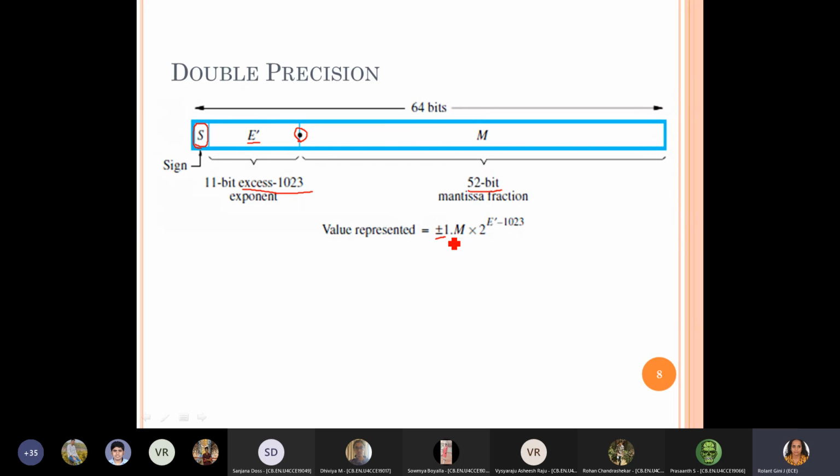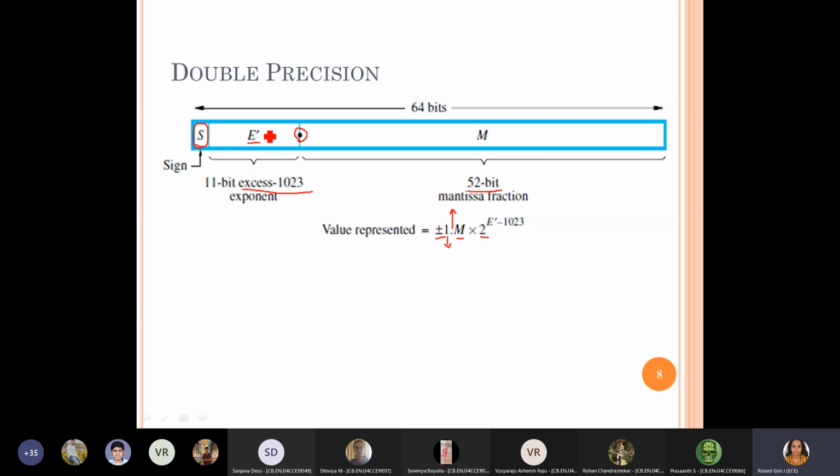And all standard formats are normalized numbers, so you start with 1, then comes the binary point, and after the binary point comes your 52-bit mantissa. Then we go to the scale factor, where the base is 2, and the exponent here is in excess-1023 representation.